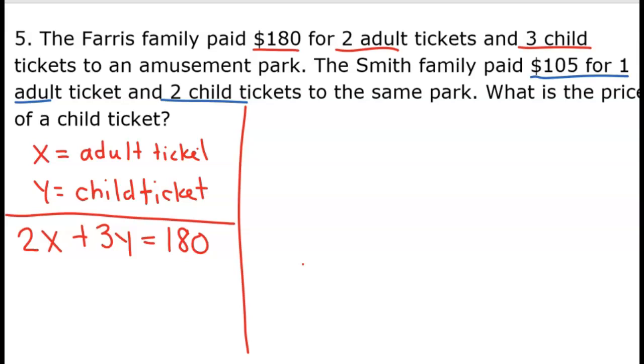For the second family, 1 adult ticket and 2 child tickets equals $105.